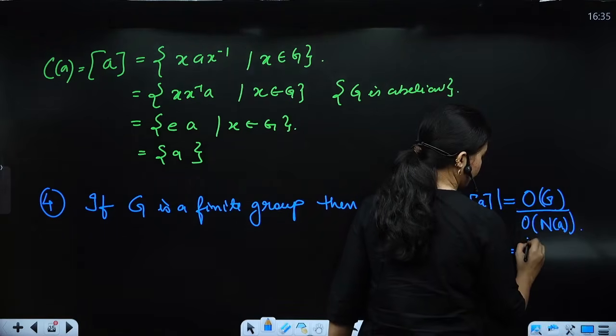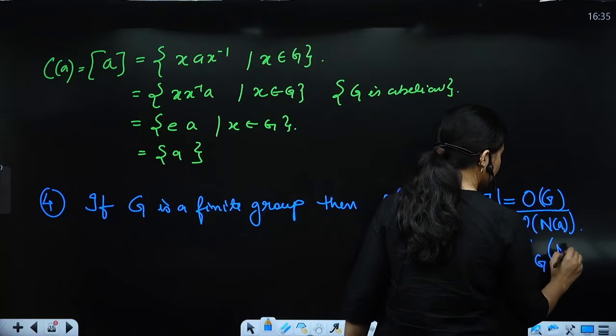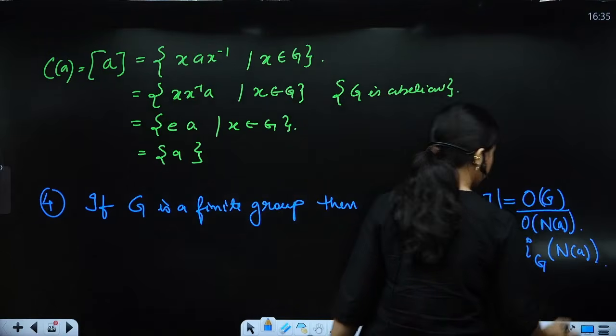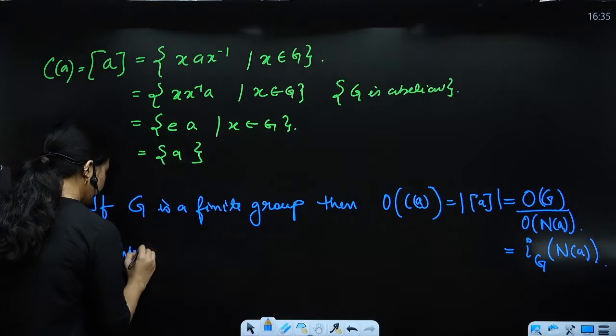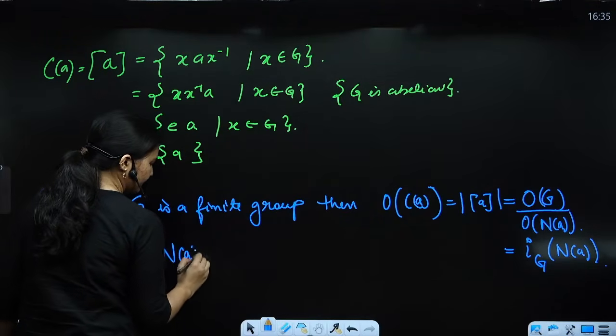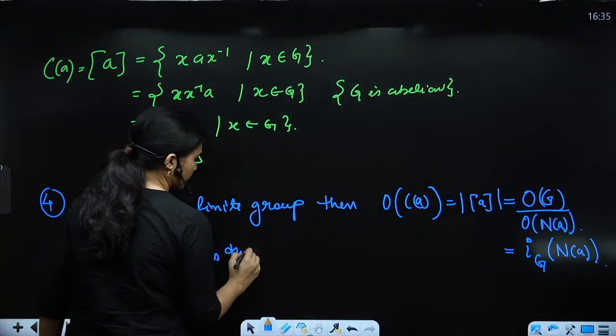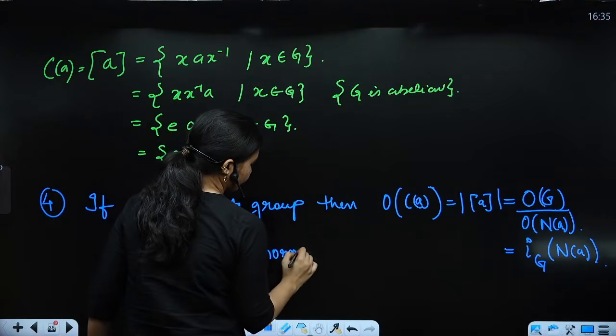Basically, the index of the normalizer of a, where N(a) is the normalizer of a.